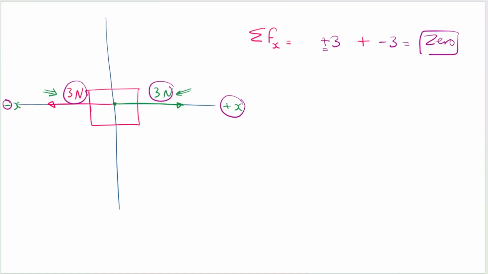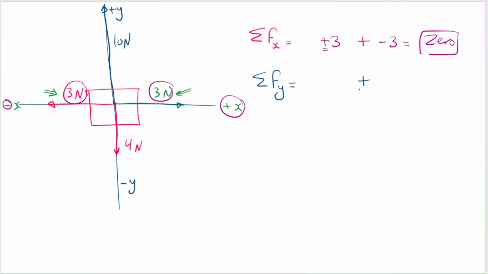What if we have another force which is 10 Newton upward, but we have another force which is equal to just 4 Newton downward? This is the y-axis, so this is the positive y, downward is the negative y. So we'll do the same. We will find the sum of all forces on the y-axis.